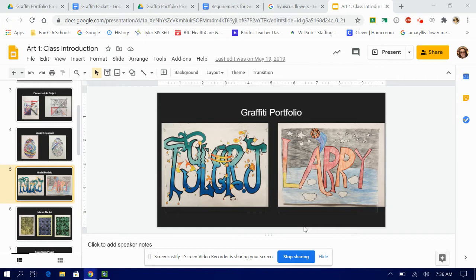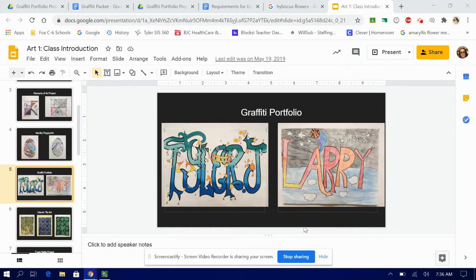The one on the left is done in a strictly graffiti style, yet it's creative. It's very neat and tidy. That individual decided to use a certain type of marker called alcohol ink markers, and that's how he got that blend. Those were not the school's markers; those were his personal ones. So if you decide to do something like that, you're going to have to let me know.